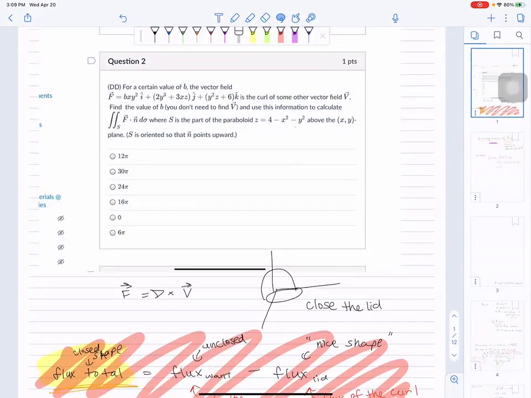You find the flux of the curl, and the inside shape is the boundary.